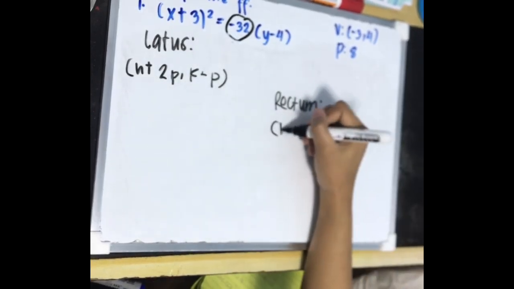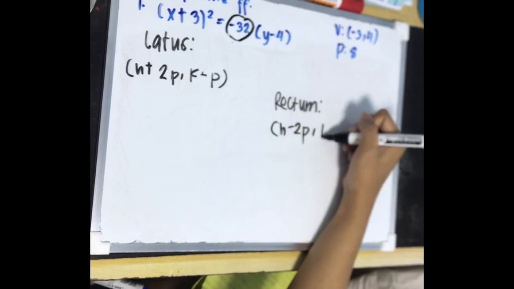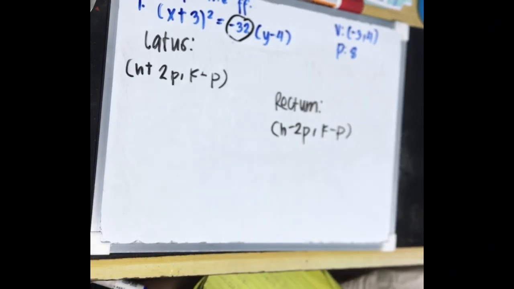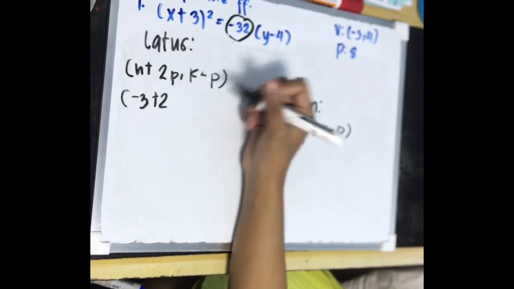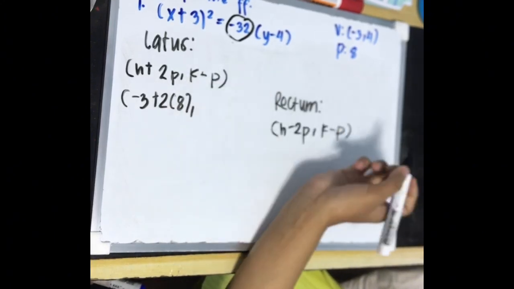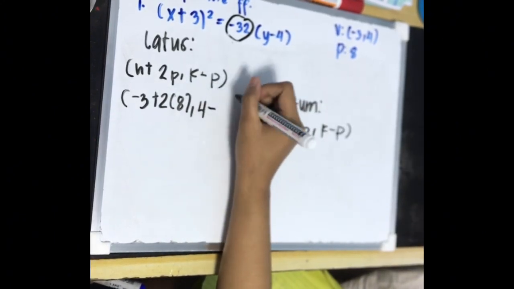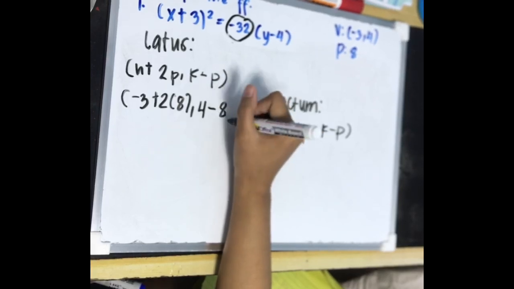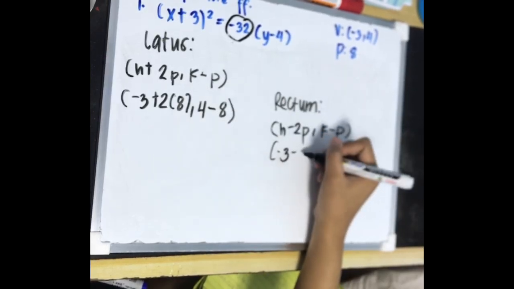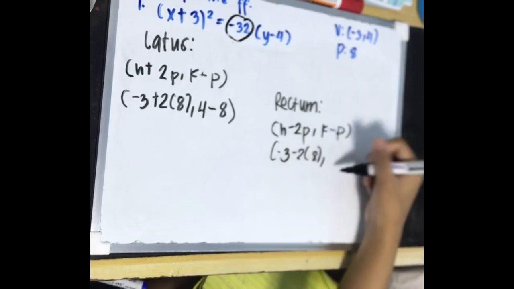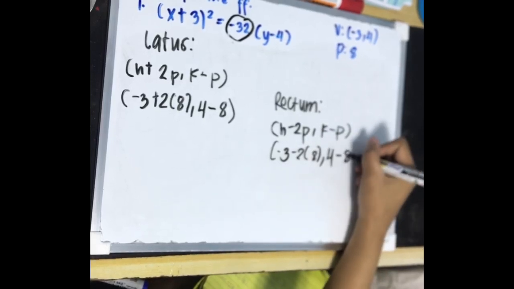And here, h minus 2p and k minus p. So basically, our h is negative 3 plus 2 times p, 8. And our k is 4, minus p, which is 8. And here, our h is negative 3 minus 2 times p, 8, k is 4, minus 8.